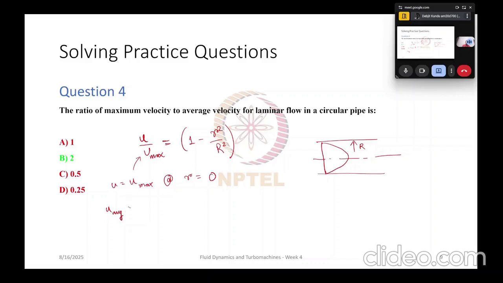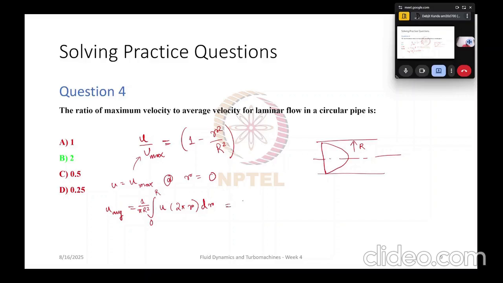So u average, let's integrate from 0 to capital R of whatever u there is multiplied by the area through which it flows, so 2 pi r dr, and we have to divide this by the total area of the pipe, which is pi R square.